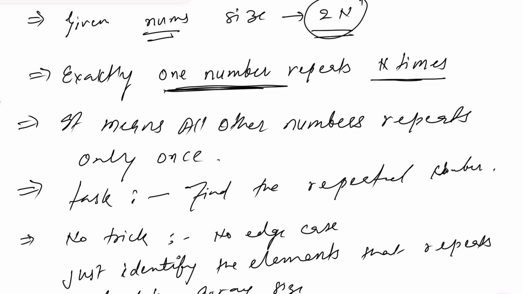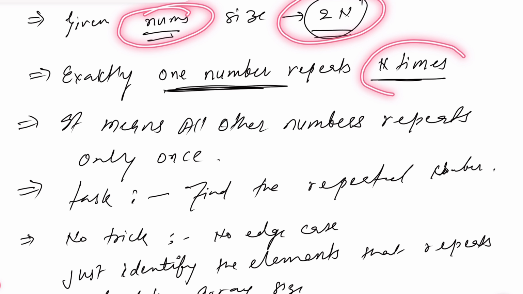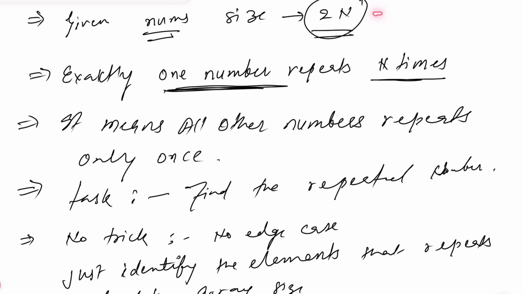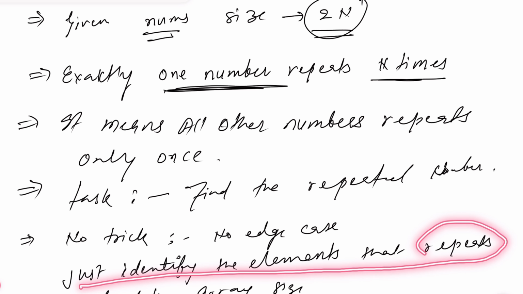Because if the given array has size 2n and it repeats n times, 2n by 2 is going to become n only, right? So we have to just identify the element that repeats half of the array size.